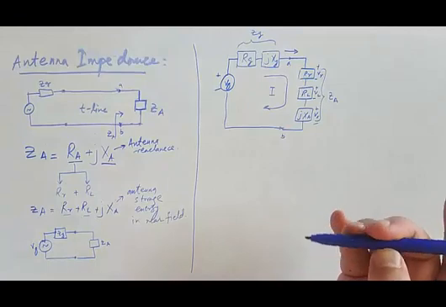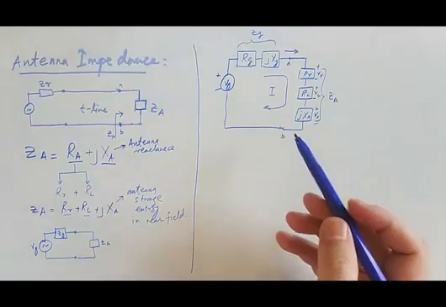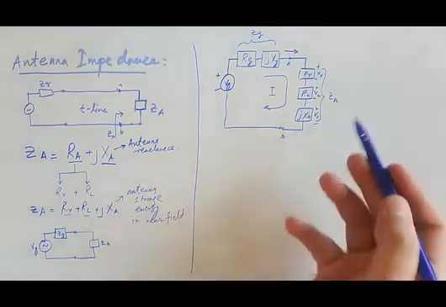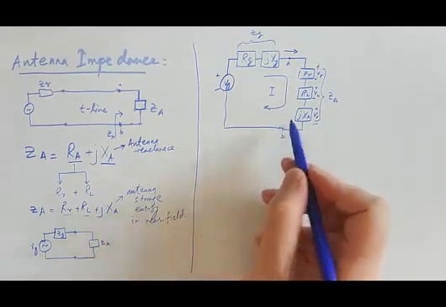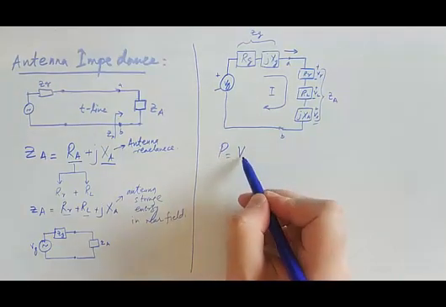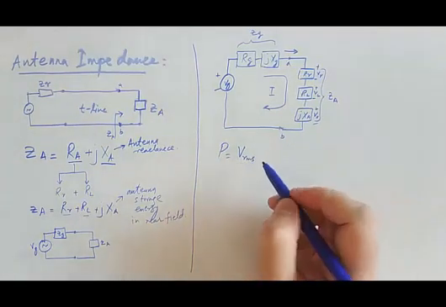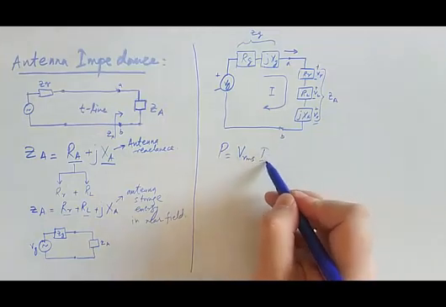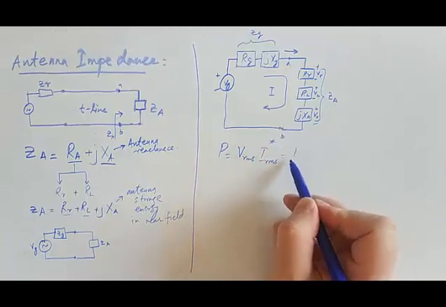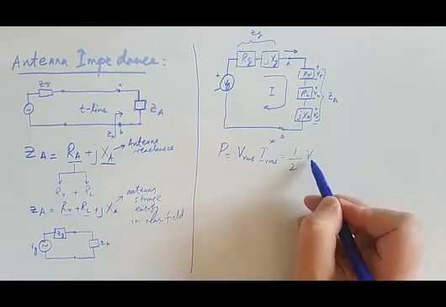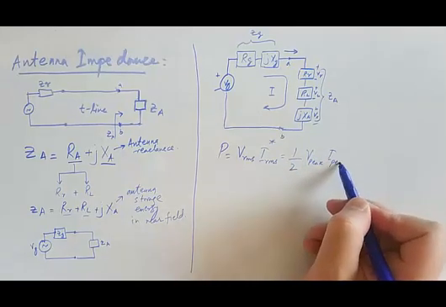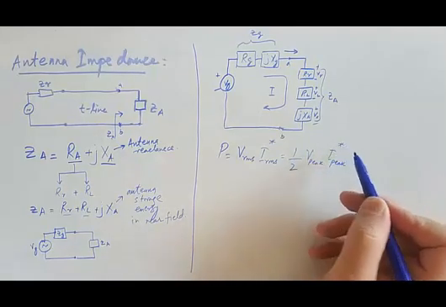Now let us go with the complex power associated with any element in the equivalent circuit given in front of you. The power is equal to V RMS and I RMS, obviously the complex conjugate of it, which is equal to half of the peak voltage multiplied with the peak current and its complex conjugate.